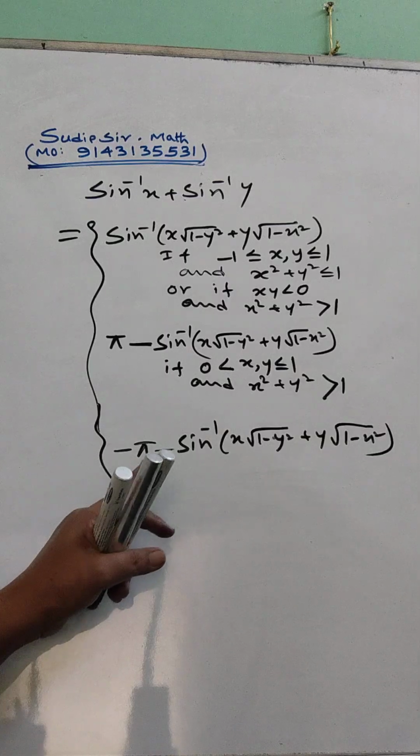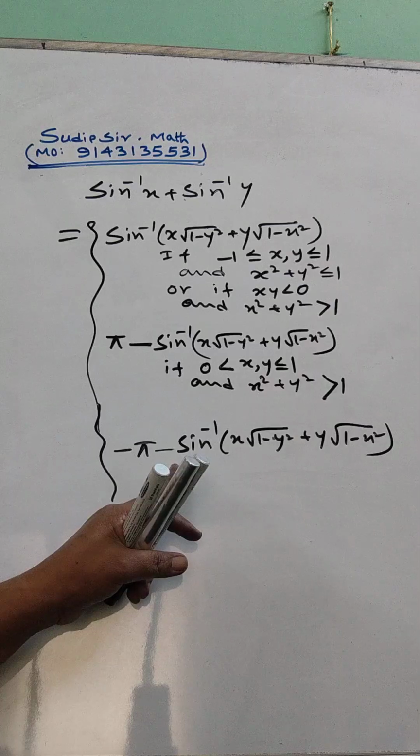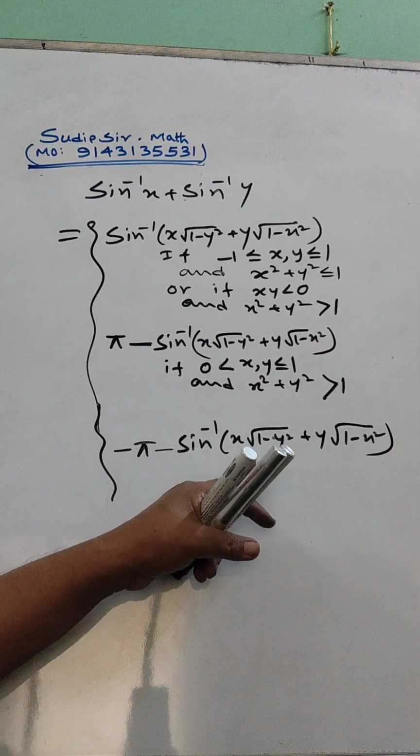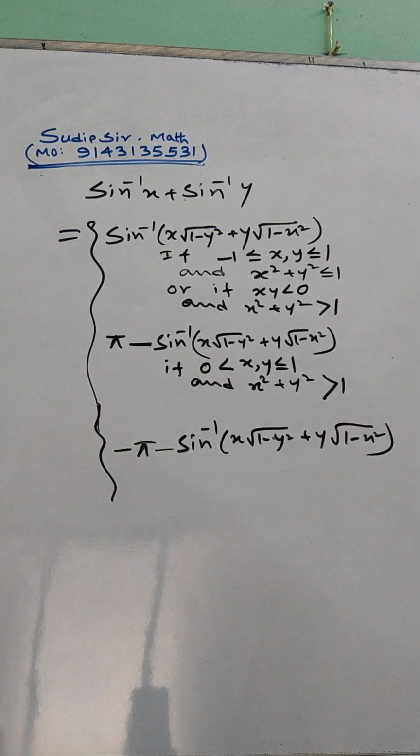This will be −π minus sin⁻¹(x√(1 − y²) + y√(1 − x²)).